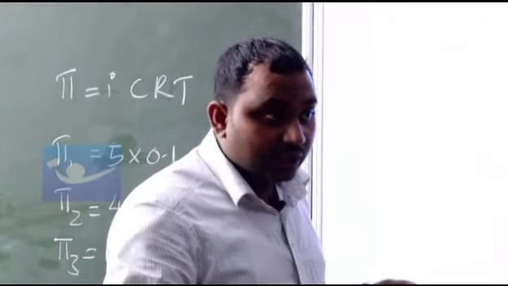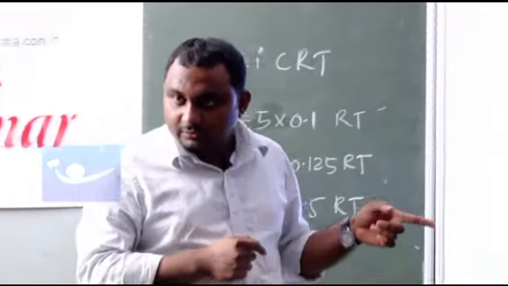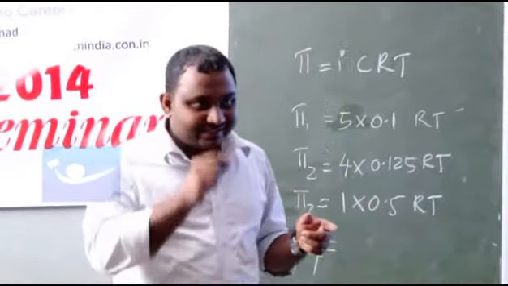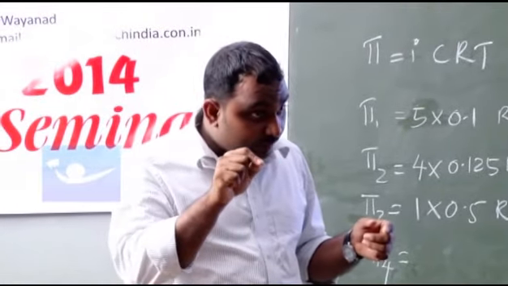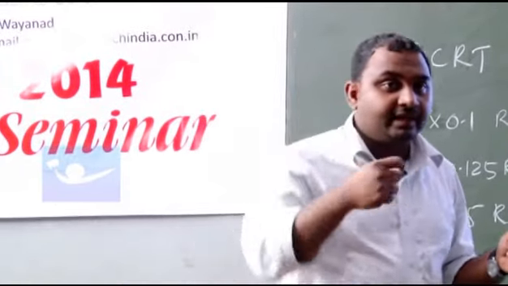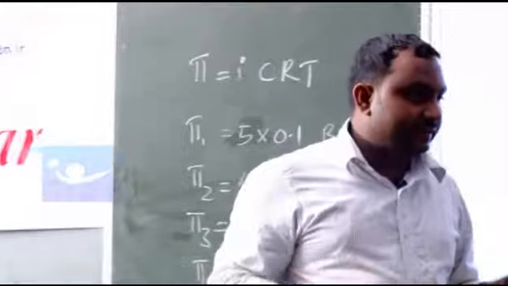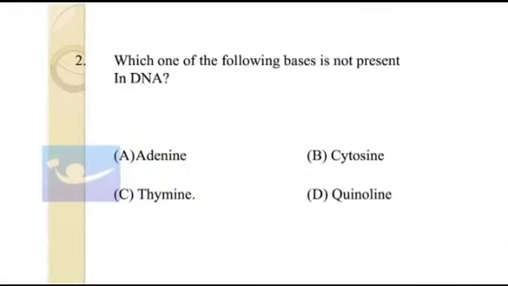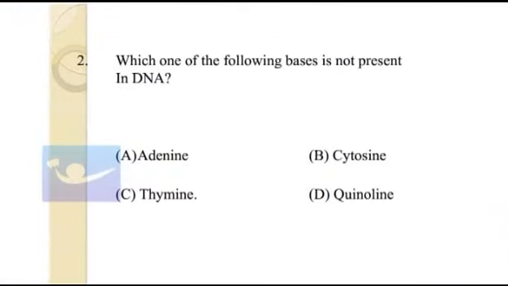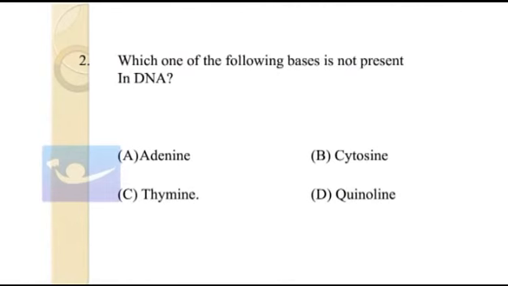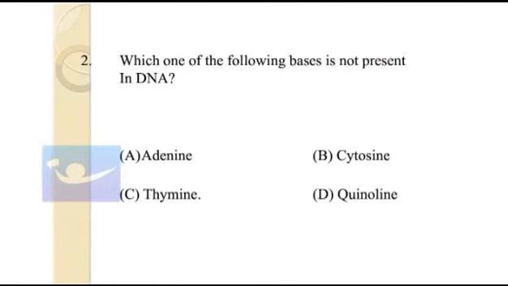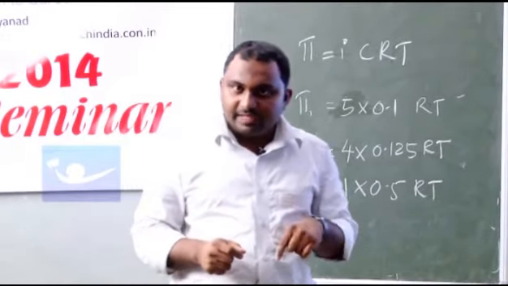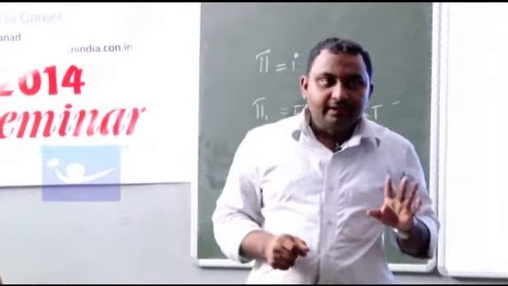Quinoline is a heterocyclic compound where a nitrogen atom is present. Pyridine, do you remember? One more benzene ring is fused with that. That's how you get quinoline. And guanine is supposed to be the base, but what is given? Quinoline. So quinoline is not a base which is present in DNA.